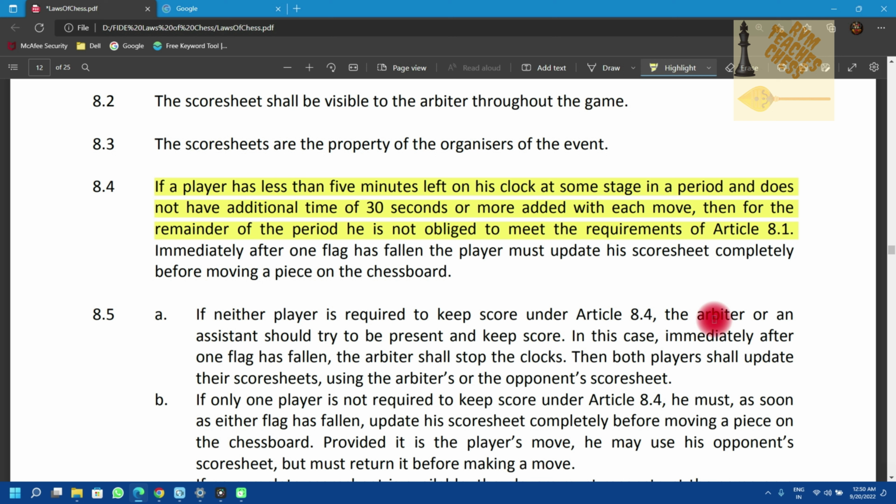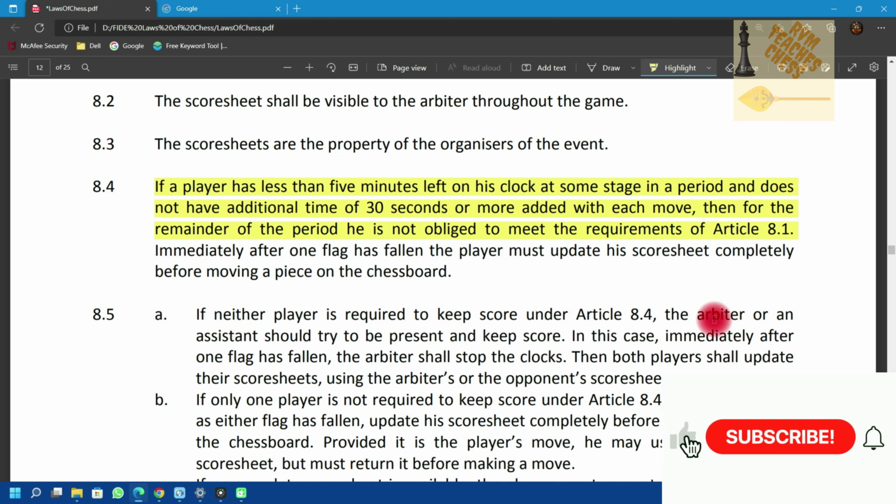If a player has less than 5 minutes left on his clock at some stage in a period and does not have additional time of 30 seconds or more added with each move, then for the remainder of the period he is not obliged to meet the requirements of Article 8.1.